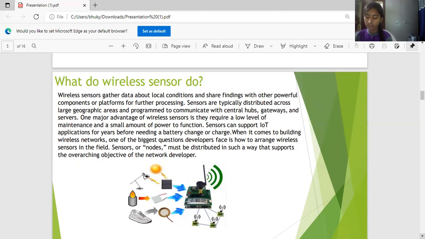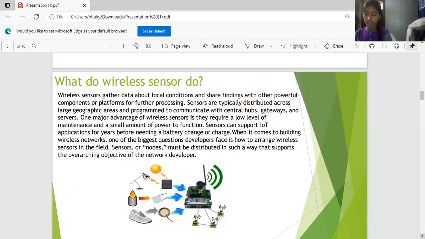The biggest question developers face is how to arrange wireless sensors in a field. Sensors, or nodes, must be distributed in such a way that supports the changing objectives of the network developers.